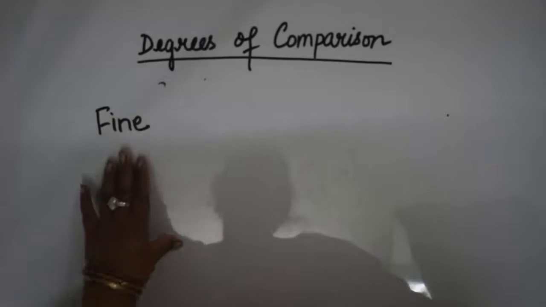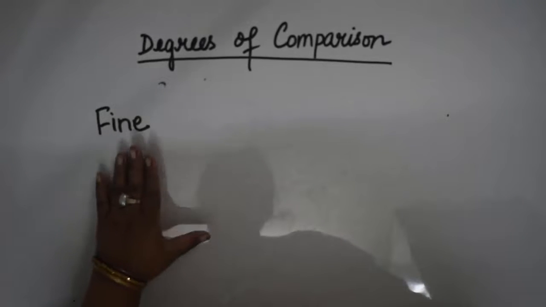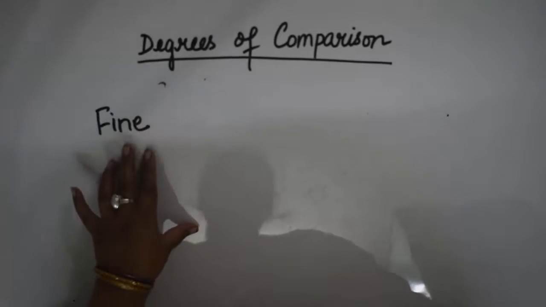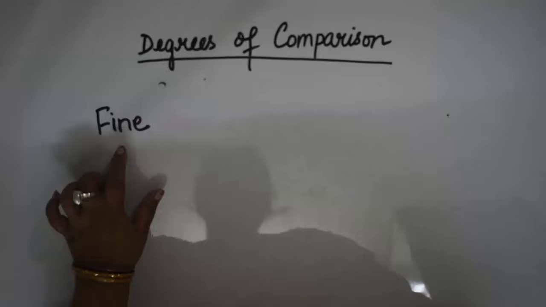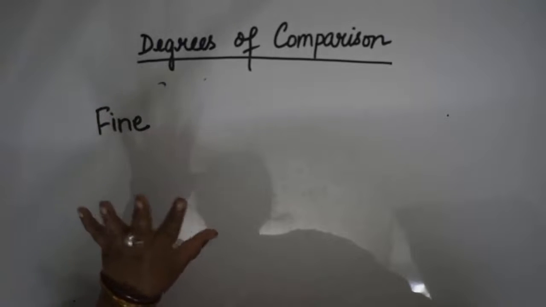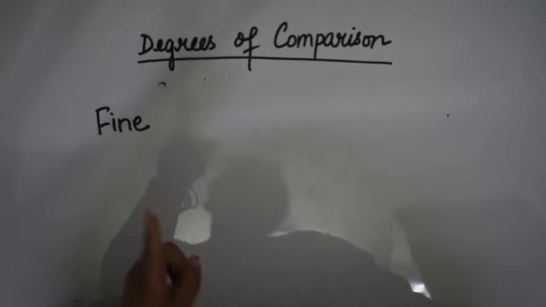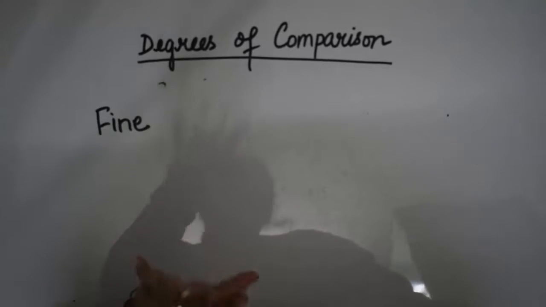If anyone asks you to form the comparative of the word fine, you don't have to sit and think, should I add more fine, or should I add ER again, like FINE, ER. So what will I do?